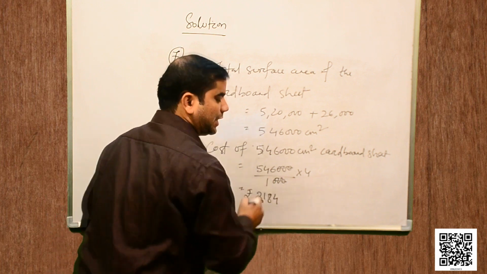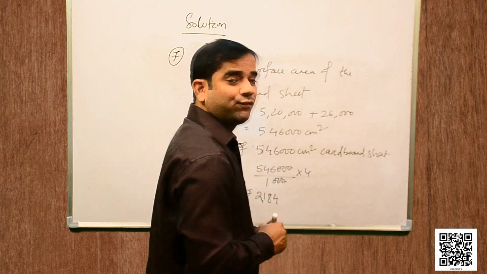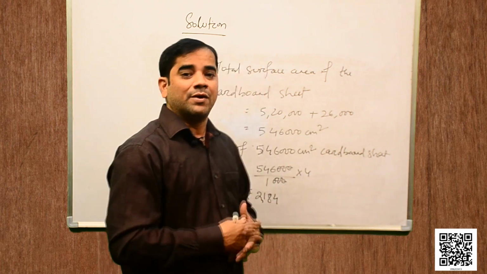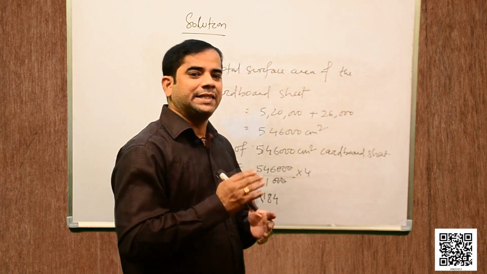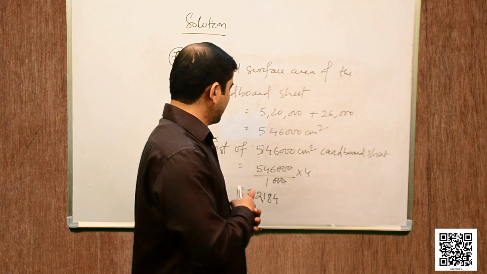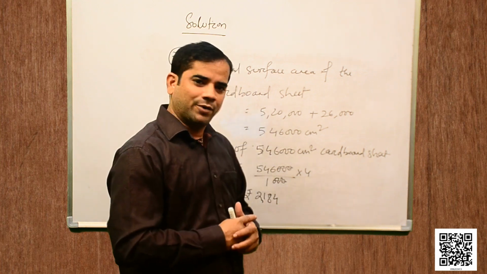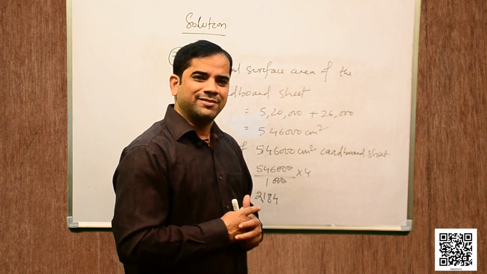Rupees 2,184. So the cost of making 250 boxes of each type is 2,184 rupees. Okay. Hope you understand this.